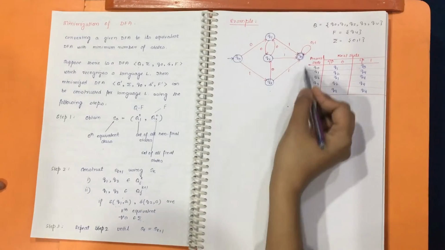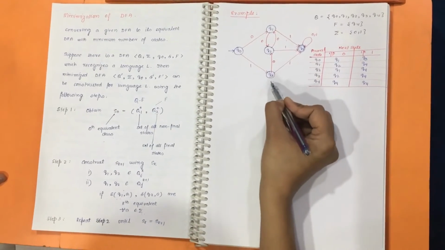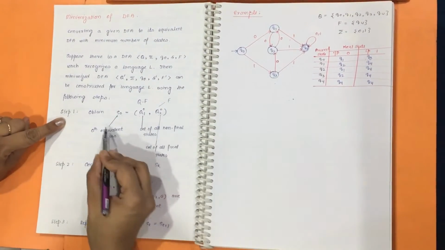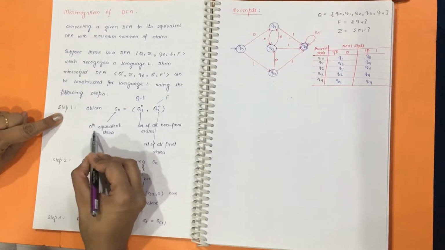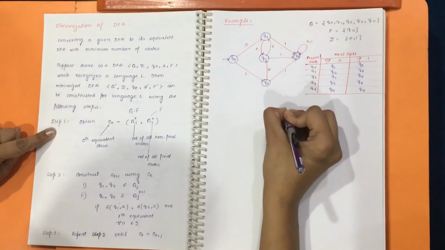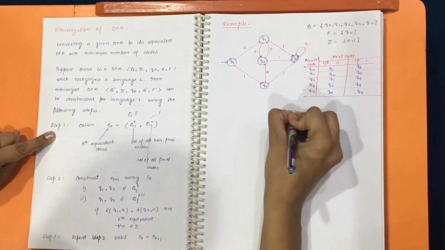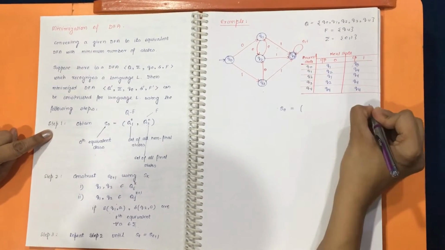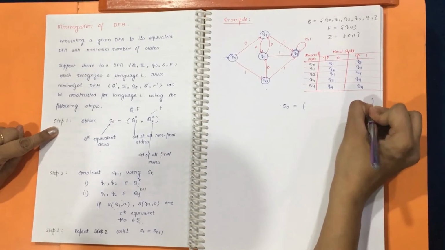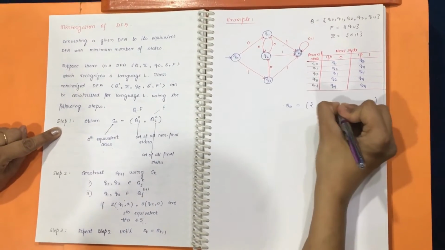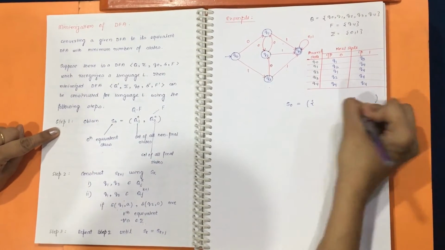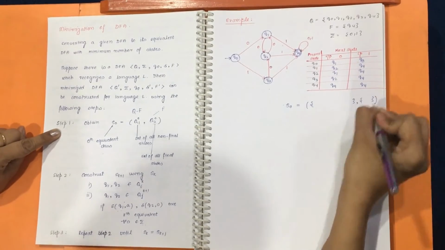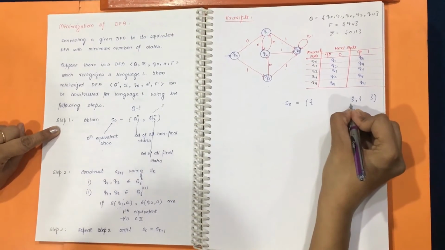Now our task is to minimize this DFA, so we'll apply step 1. In step 1 we'll obtain the 0th equivalent class, S0. S0 stands for the 0th equivalent class. Basically it will be a pair, and in this pair we will have two sets. In the first set we'll write all non-final states.